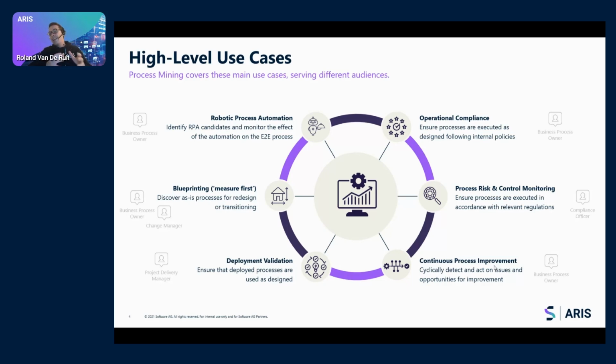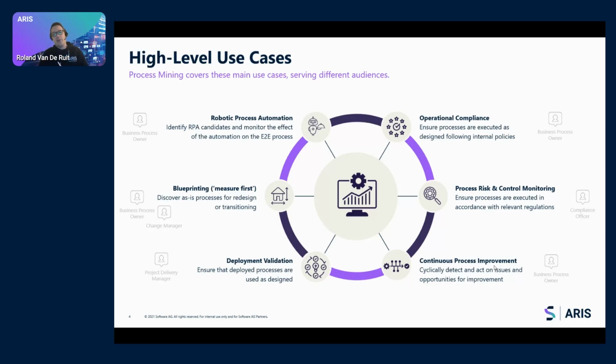If you then combine that insight with some of the references that you might already have modeled in, for example, ARIS, that should reflect on how processes should be executed, you can start comparing these and answering questions like, are we following the process? Are we on process? Are we following the reference? And if not, then what are these reasons that we're not following the process? And in the process mining world, this is also called conformancy. So that's a very core use case in process mining.